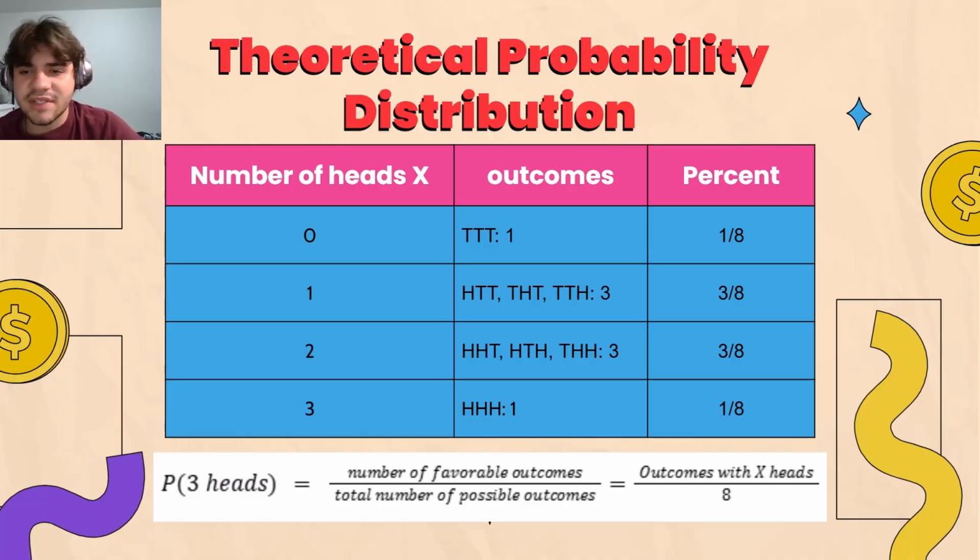And I figured this out by using this formula. So the number of favorable outcomes and the total number of possible outcomes is equal to the outcomes with x heads. So for example, 0, 1, 2, and 3. So for the outcomes of 0 heads is 1, so 1 over 8.